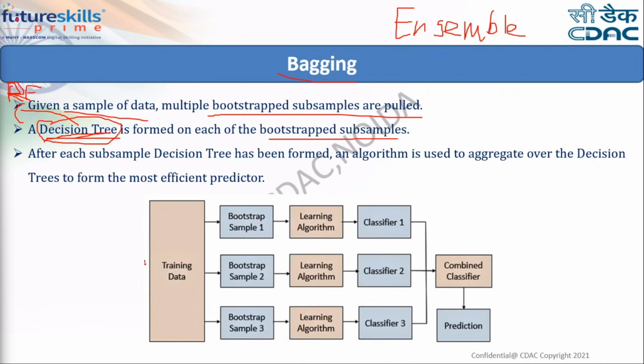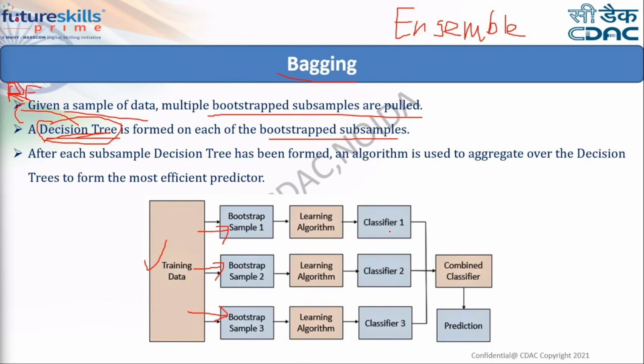We will have the training data set, the main data set, and from it we will have some sample data set. That will be called a bootstrap sample, because this is the bootstrapping step. That data set will be given to different algorithms. Since we are talking about decision trees, let's suppose we are giving these data sets to different decision trees.